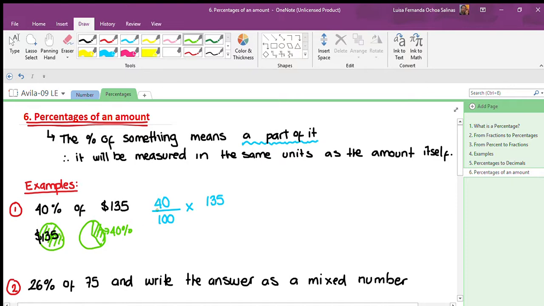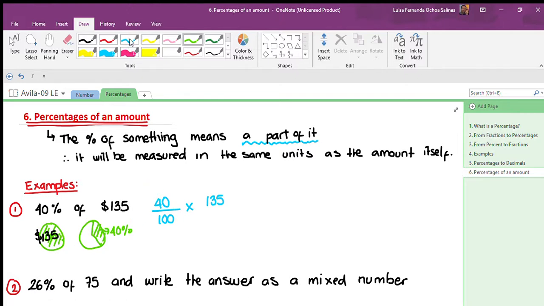So we do 40 over 100 times 135. Because it's a piece of it, it's less than 100%. Are we expecting it to be more or less than 135? It's going to be less than 135, because if the whole is 135, 40% has to be less than 135.